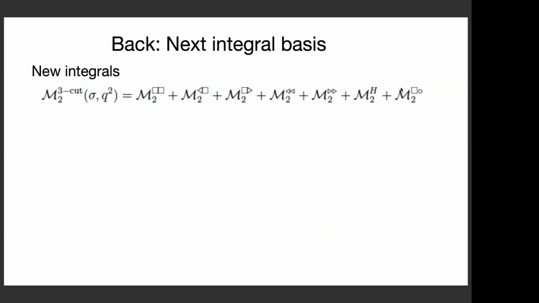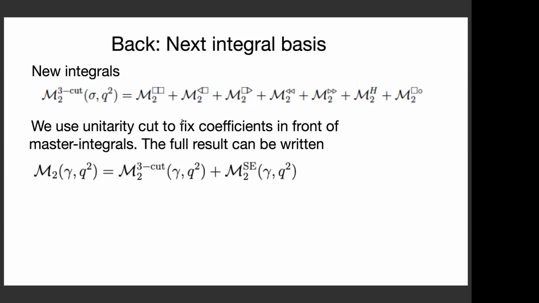Then for the cut, we have to see what type of integral functions we have in play. So we expand out the amplitude in terms of an integral basis. That basis will now be a bigger basis because it involves now double box functions, mixtures of box and triangle functions, double triangles, and so forth.